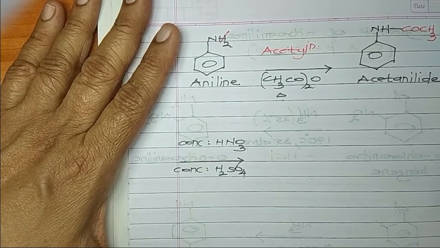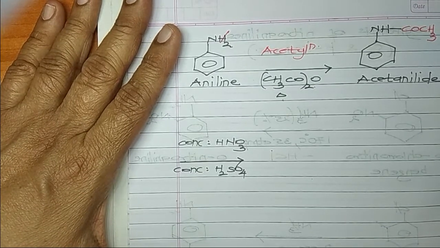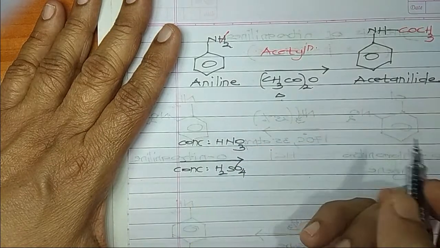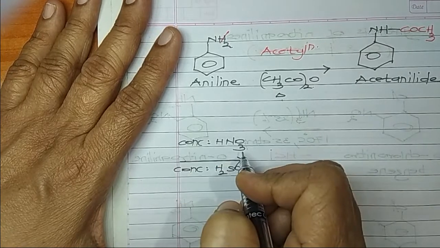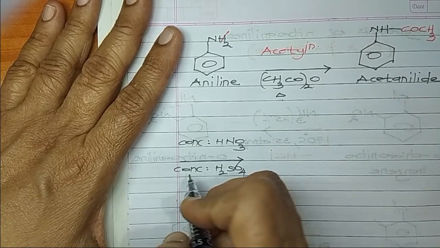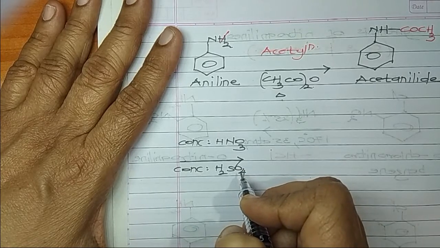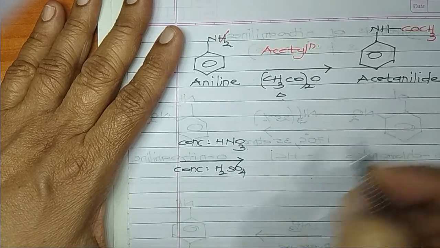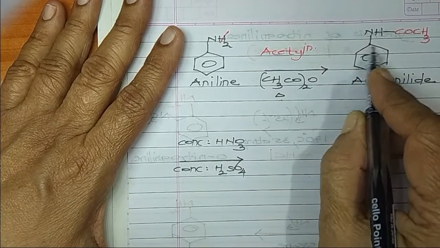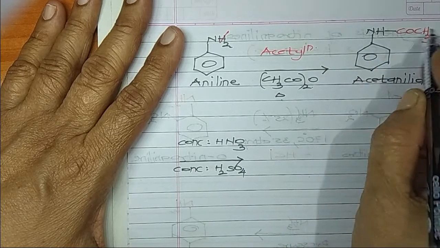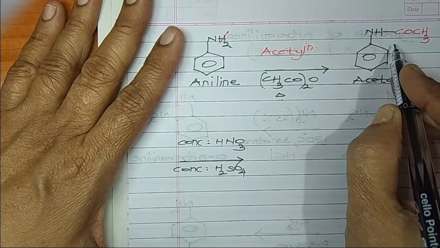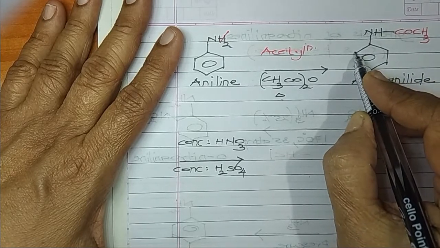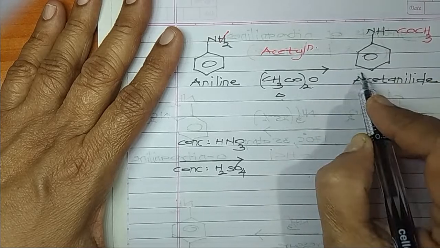My intentions are to carry out a reaction which you call nitration, and this is my nitrating mixture, concentrated nitric acid and concentrated sulfuric acid. It's a reaction whereby one of the hydrogen atoms will be removed from the aromatic ring.